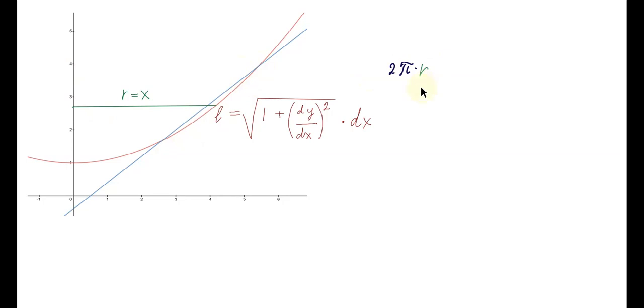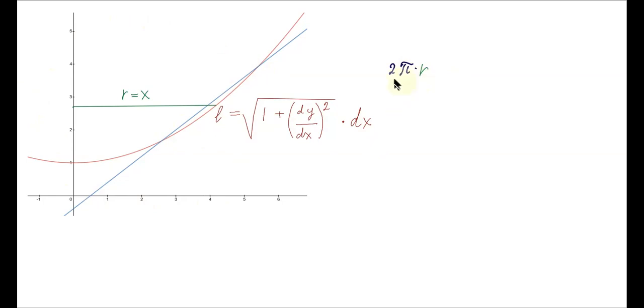So let's try to comprehend again. That's more about 3D imagination and intuition. We have the formula to calculate the length of this piece of red curve L. Here it is. And we figured out the length of the circular motion. So this small l will be rotated around the y-axis. The length of this piece is defined at this point, and the length of the circular motion is equal to 2 pi r.